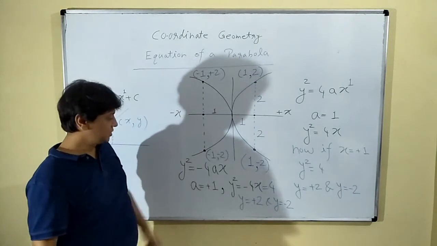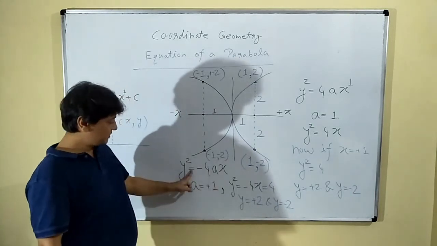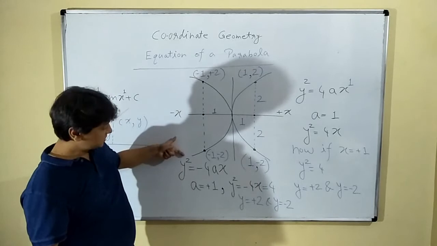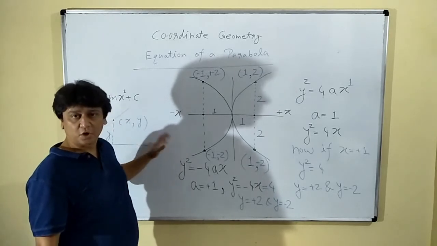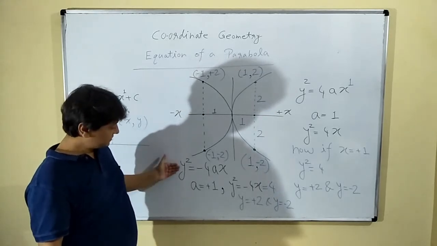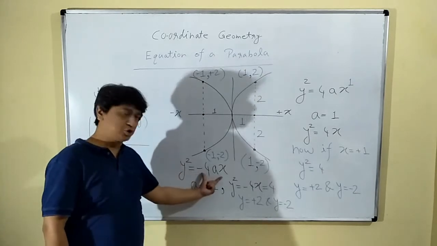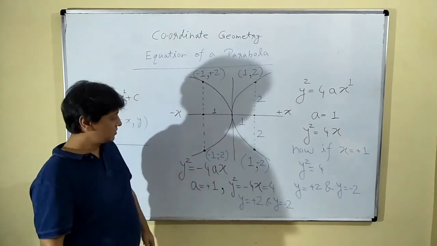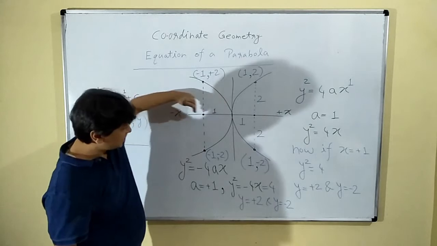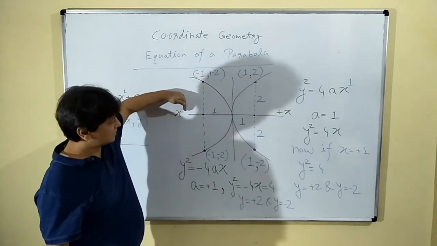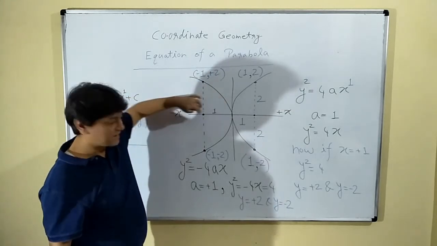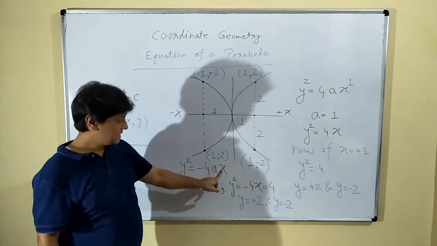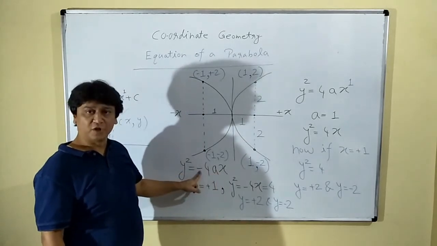And why? It should be positive because left hand side is a square and squares are always positive. If left side is positive, then right side should also be what? Positive. And therefore on this side x is negative. Negative of negative will make everything what?